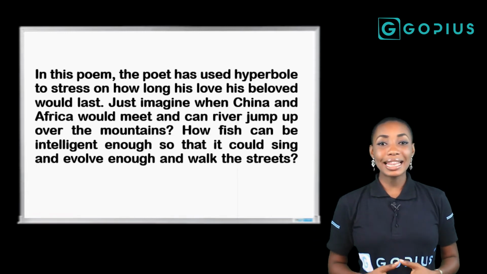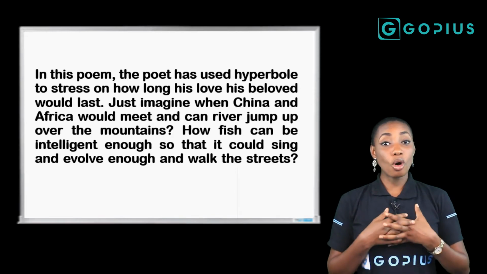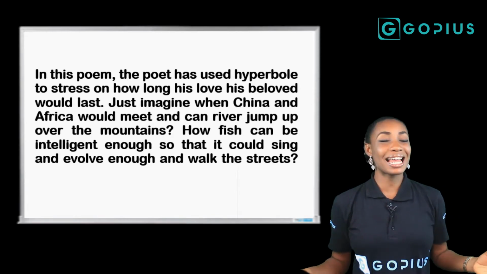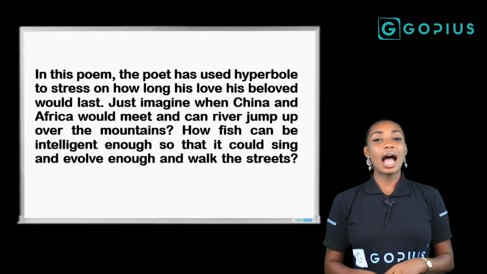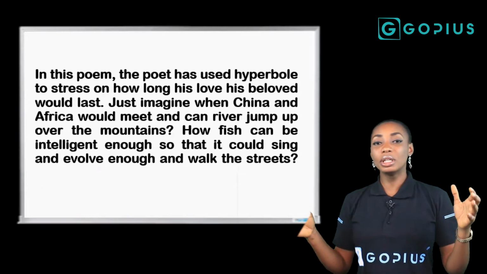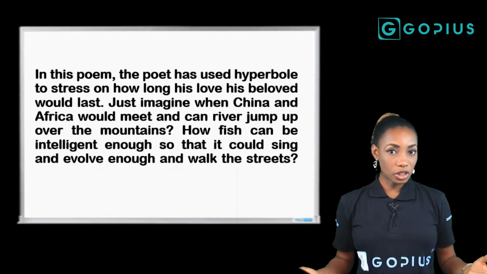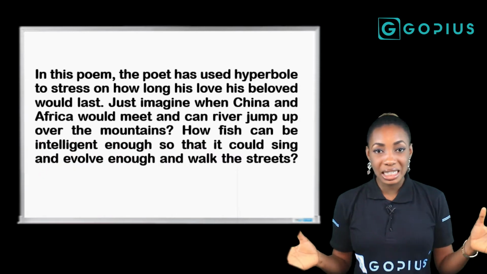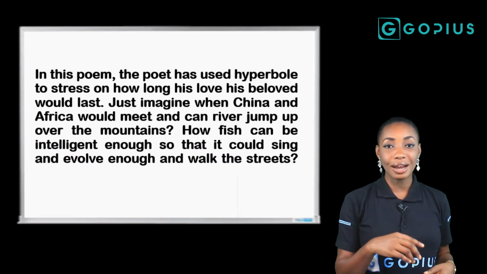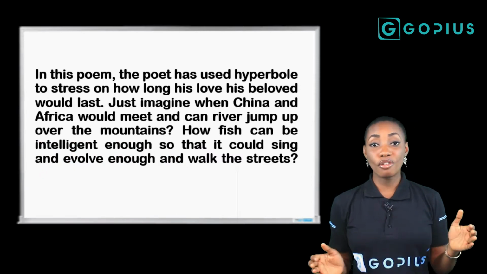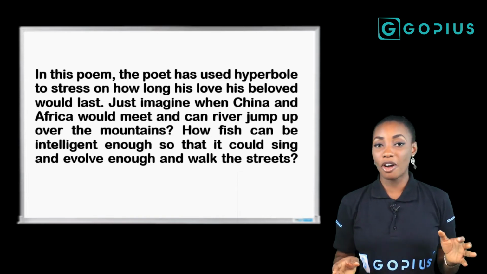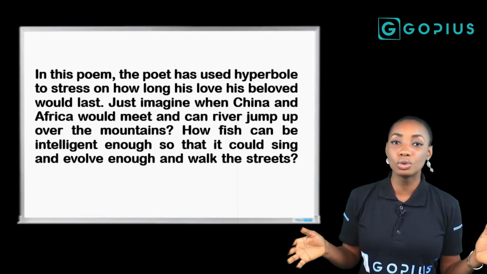Okay, he's saying that my love for my beloved is going to last until China is able to meet with Africa. Is it possible for those two regions to meet without one having to travel to the other? They're so far apart. So how is it possible they are able to meet?